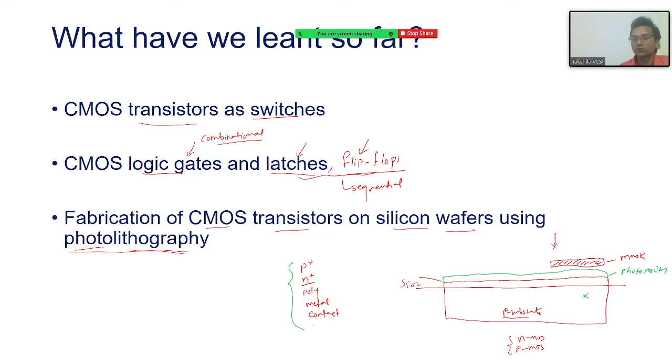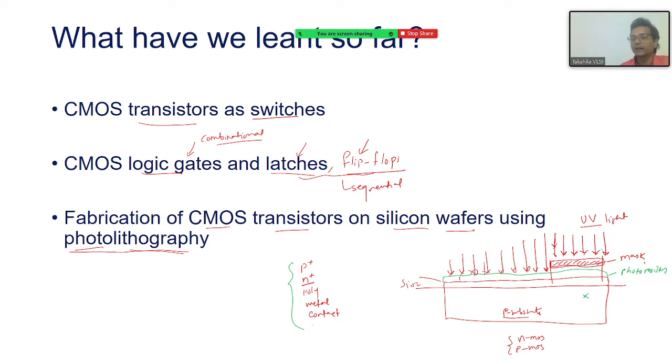Then I will expose the whole wafer to ultraviolet light, UV light. Because of this action, the area which I covered by the mask, the light is not allowed to pass through it. In other areas the light is allowed to pass through. This is one type of mask.